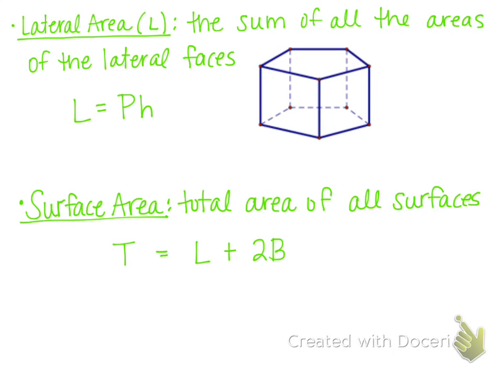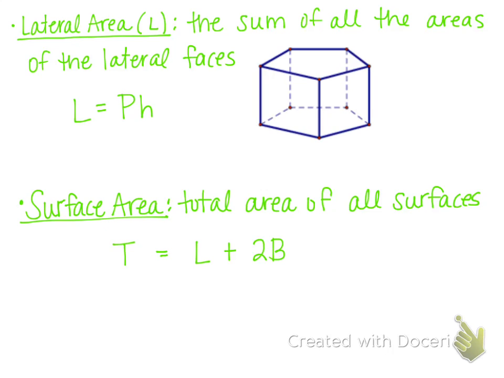So here are some formulas for you. The lateral area, which we use an L to represent, is the sum of all the areas of the lateral faces. So I'm going to go through and point out to you what the lateral faces are. First of all, this base is a pentagon, so this is a pentagonal prism.